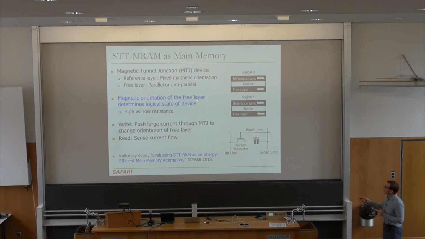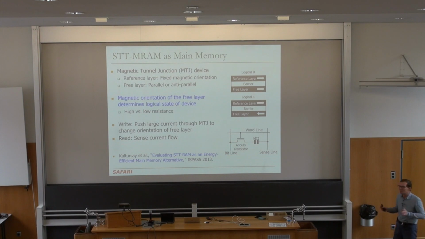And which way it's oriented determines the logical state of the device. So in this case, you see there's low resistance, and in this case there's high resistance, and as a result, you get a logical 0 or logical 1. That's the idea. And you can detect this resistance with, again, read devices that are customized for this technology.